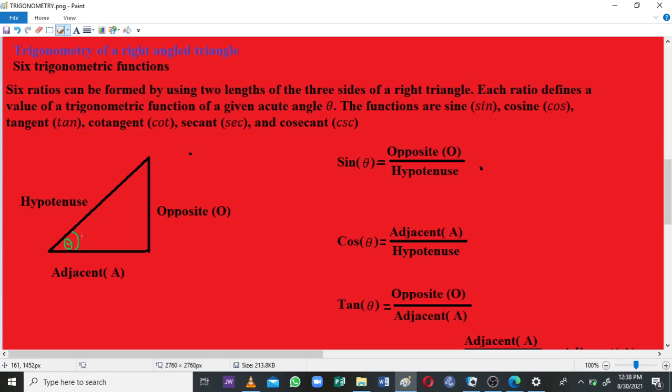We also have cotangent, abbreviated as cot. We have the secant ratio, abbreviated as sec. We also have the cosecant ratio, abbreviated as csc. This is the right-angled triangle you are able to see, and here it is 90 degrees.